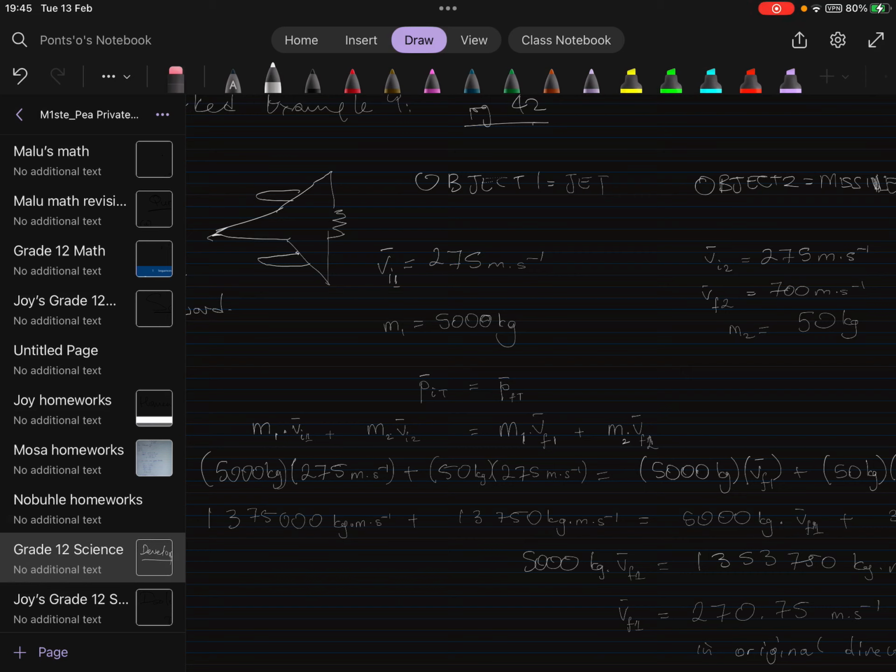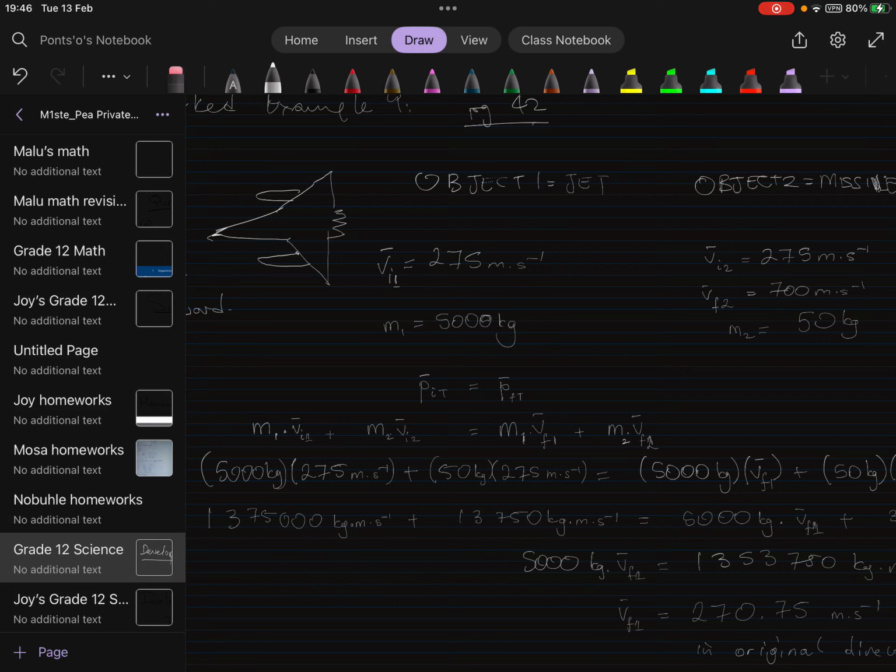But it's independent, and the mass of the jet does not include the mass of the rocket. Those two are defined explicitly like that. That's why we have M1 is 5,000, and that's only for the jet, object 1. And the mass of the rocket or missile is 50 kilograms, and it's only for the rocket.